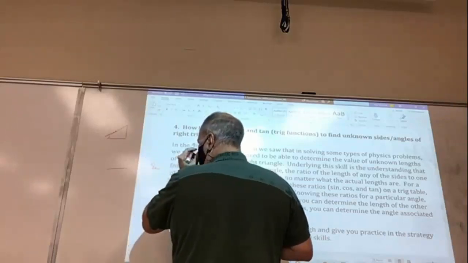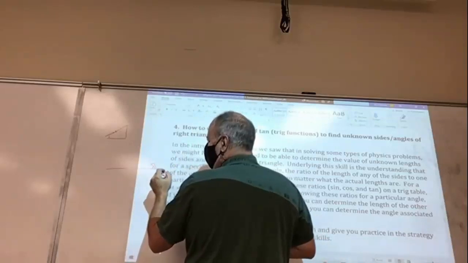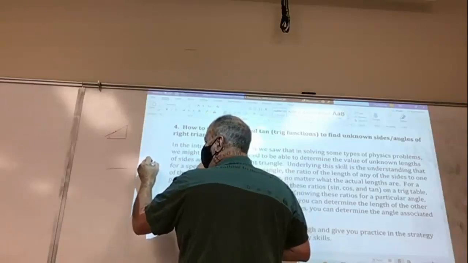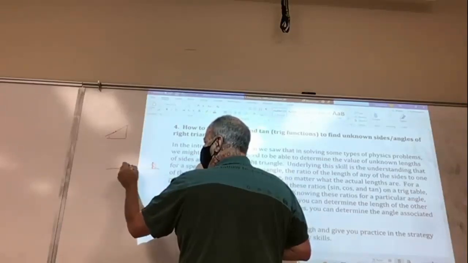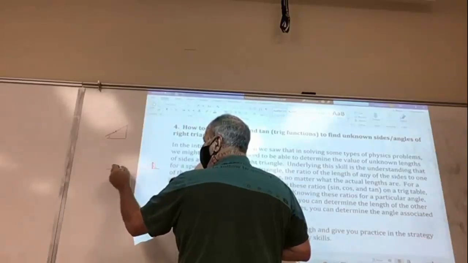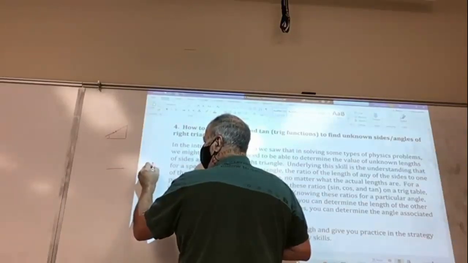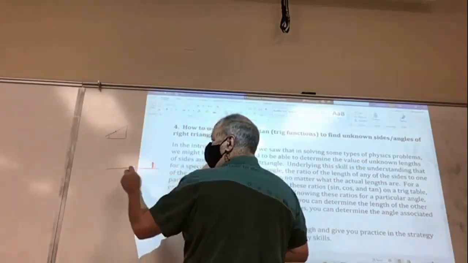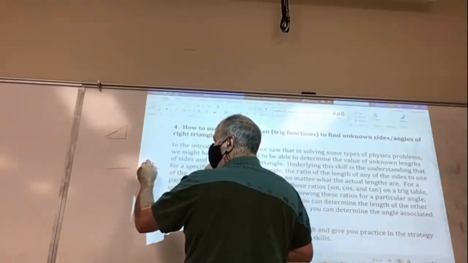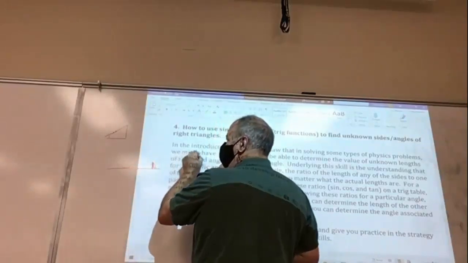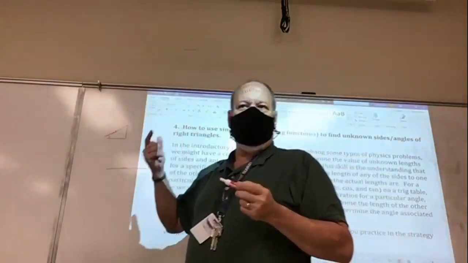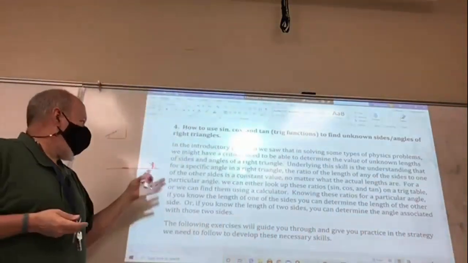Anyway, I noticed that my dog's height was a certain height, and I noticed that the shadow that the sun cast was a certain length. Okay? I was paying attention. And I wanted to know what the angle of the sun was. I was able to figure out what the angle of the sun was because I knew how to do this. And that's just an example.